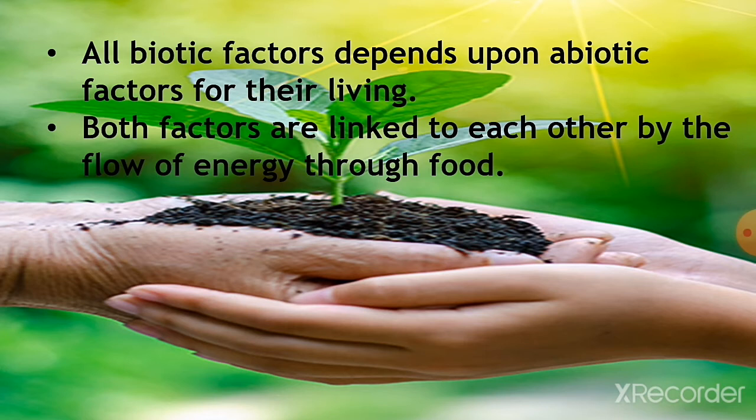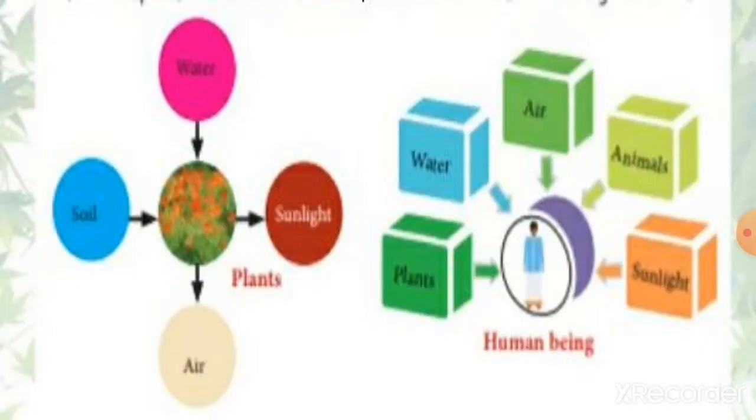Both factors, that is biotic and abiotic factors, are linked to each other by the flow of energy through food. Let us see some examples. Plants. A plant is a biotic factor, but it needs water, sunlight, air, and soil for its growth.